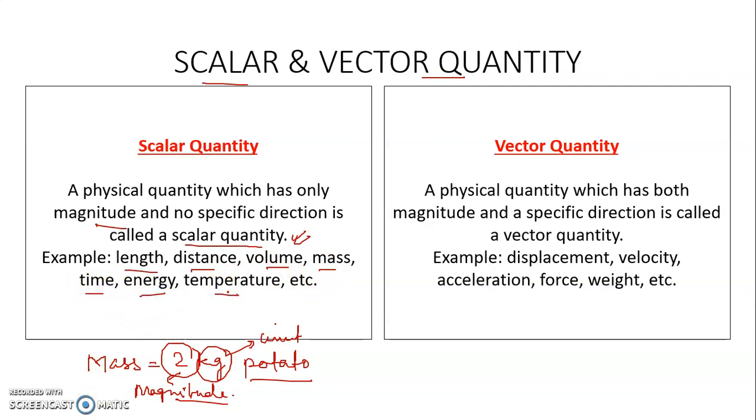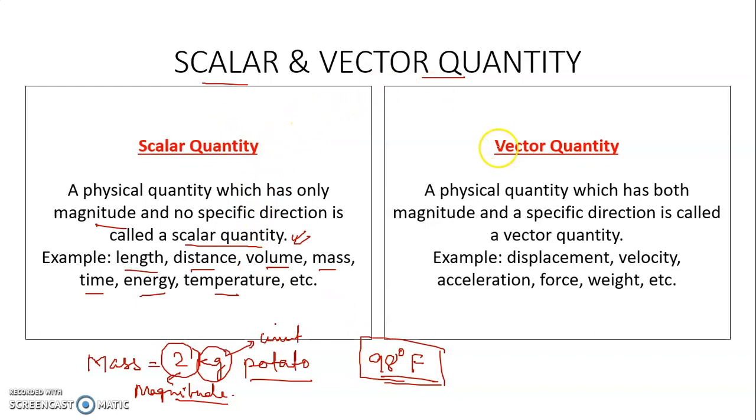When we get fever, we have chills, our parents check our temperature, right? 98 degree Fahrenheit. Do they say 98 degree Fahrenheit in the west direction? No. What do they say? 98 degree Fahrenheit. That means the temperature has only magnitude, no direction. Therefore, temperature is a scalar quantity.